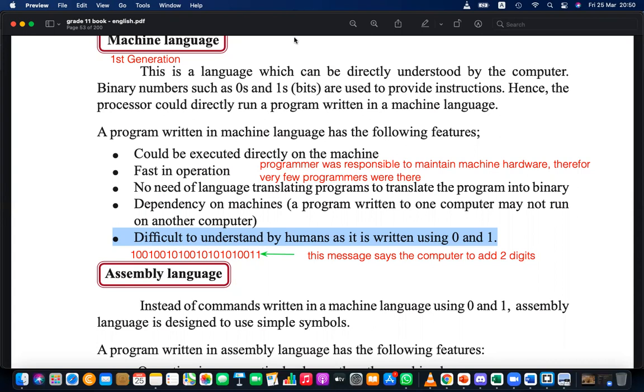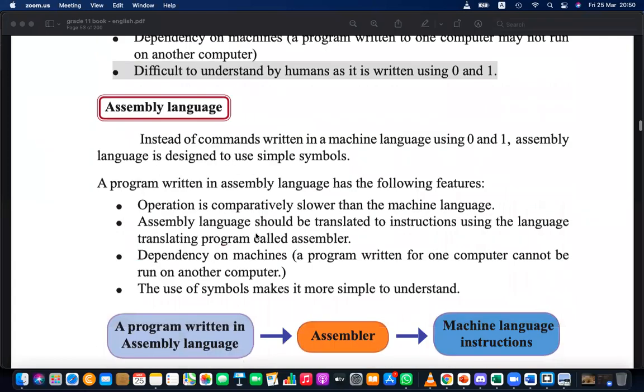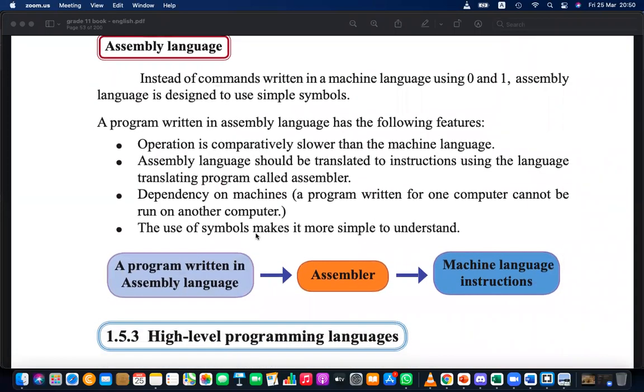Okay. So let's move to the next part. That is assembly language. Assembly language was kind of interesting, the second one. The reason is, assembly language is a short format of writing machine language.